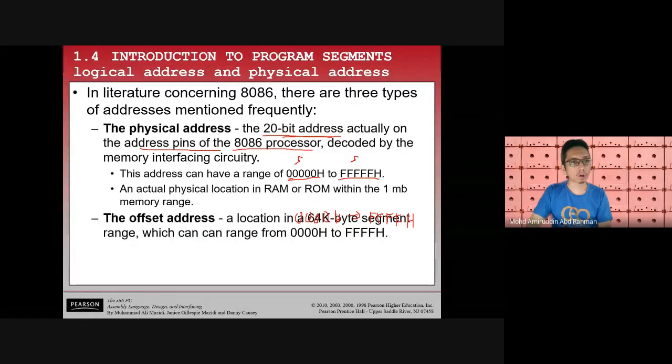Okay, so we also have another one: the offset address. The offset address is a location in the 64 kilobyte segment range. It ranges from 0000 to FFFF, so it's only 16 bit.